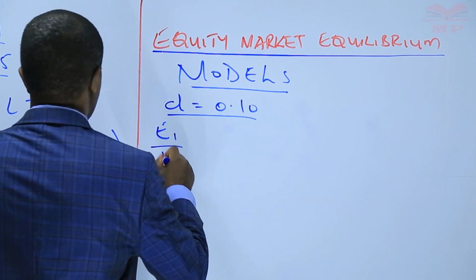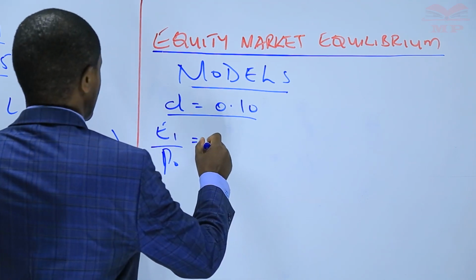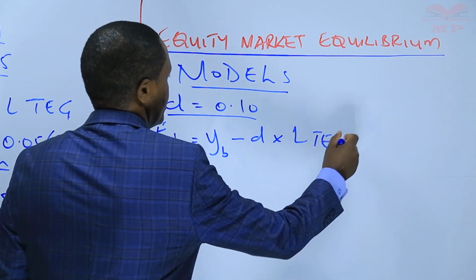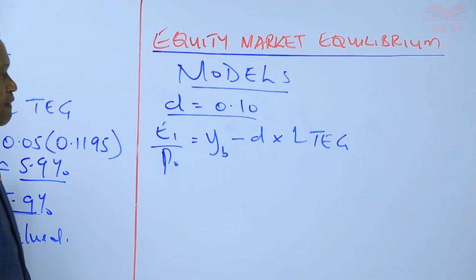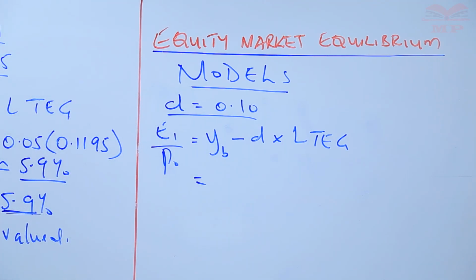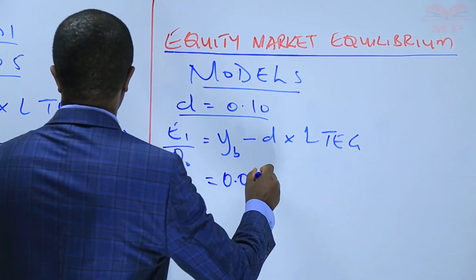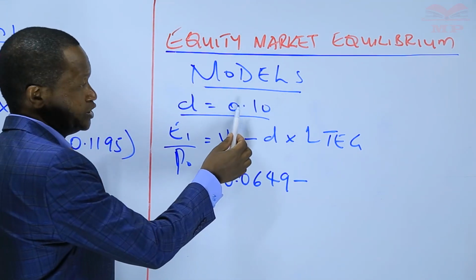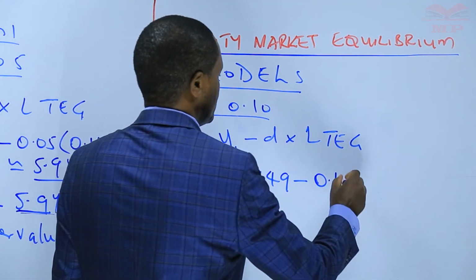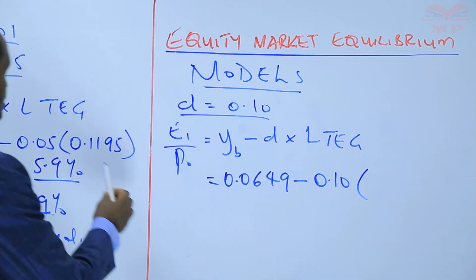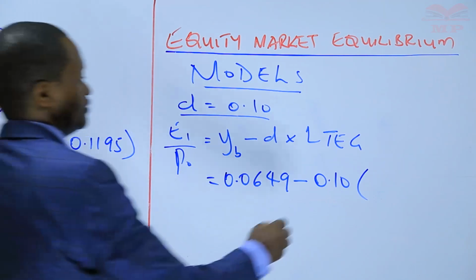E1 over P naught will be equal to YB minus D times LTEG. YB remains 0.0649. D changes to 0.1. LTEG will remain 0.1195.